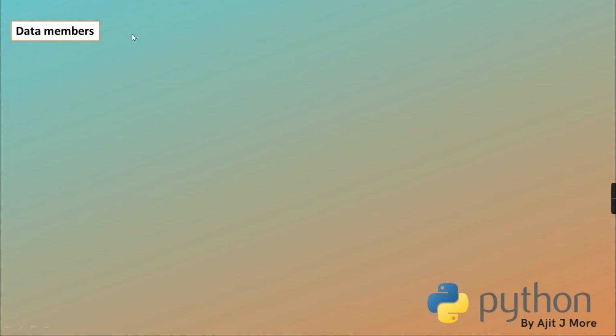So data members means the characteristics or the properties or, what you can say, attributes of the object. So whatever object is there, every object will have its own attributes. Like yesterday we took an example of cat.